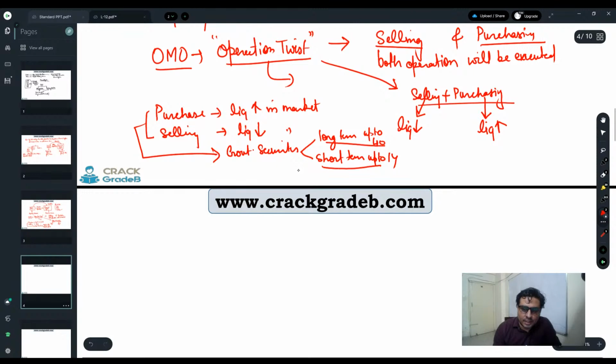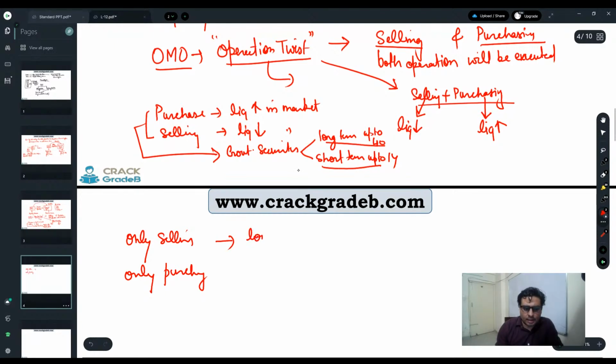So when the selling operation or purchasing operation, this is a little bit complicated, so please pay attention. When RBI will go for only selling or only purchasing, then RBI can go for either of the securities.